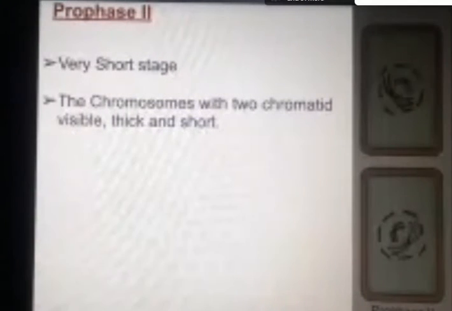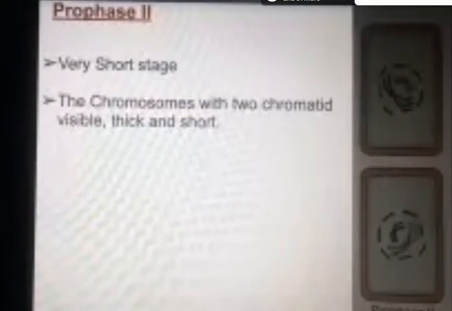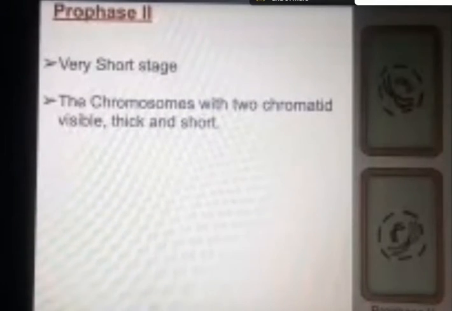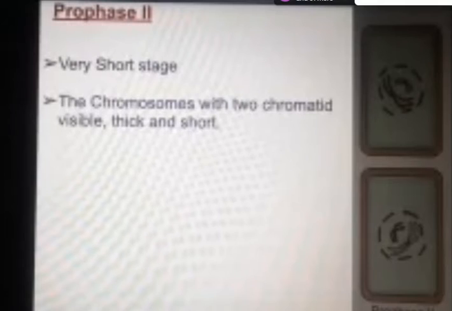So it's nothing new whatsoever. The number of chromosomes present in the metaphase stage, and how they were moved towards their respective poles, whatsoever the number of chromosomes present in the telophase, they were found the same as in case of the prophase.